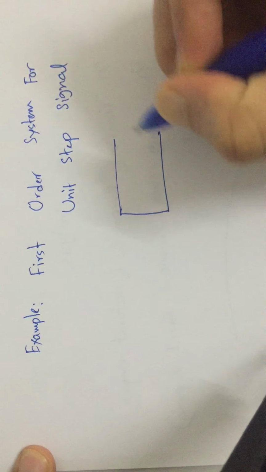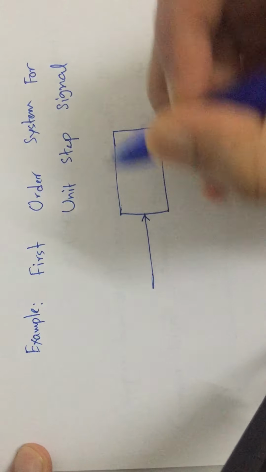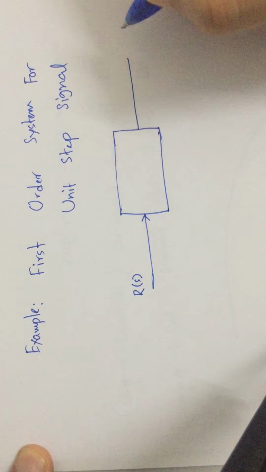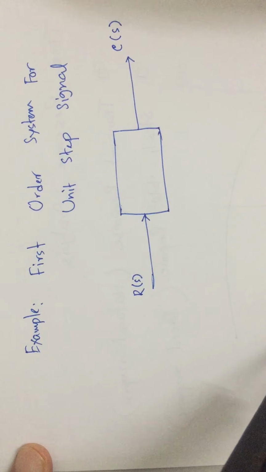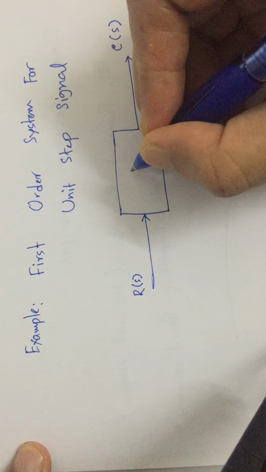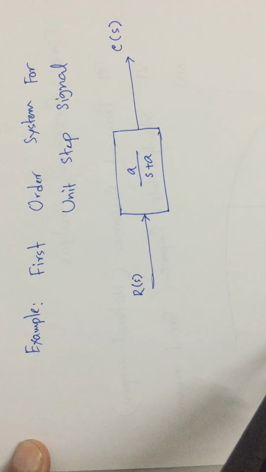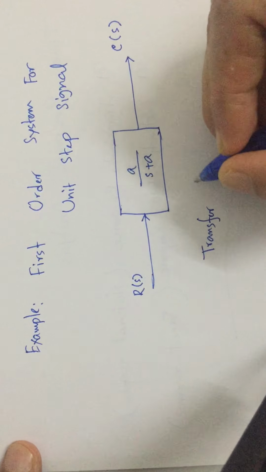So we have one transfer function. This is an open loop system, with R of S as the input and C of S as the output in the S domain, and our gain is A over S plus A. The transfer function we know very well.